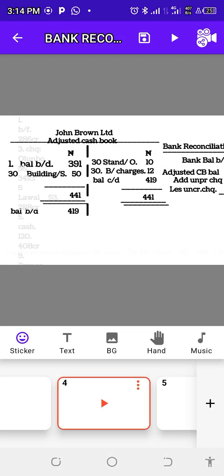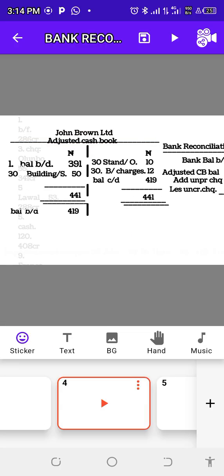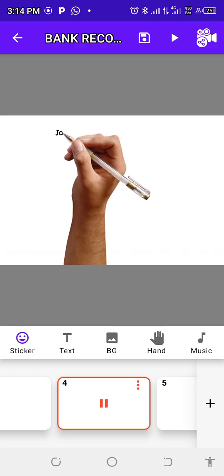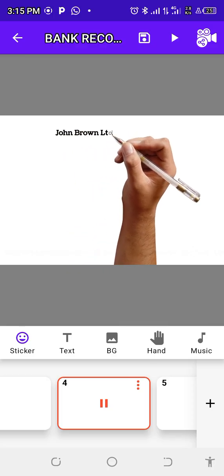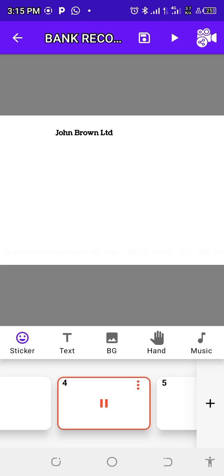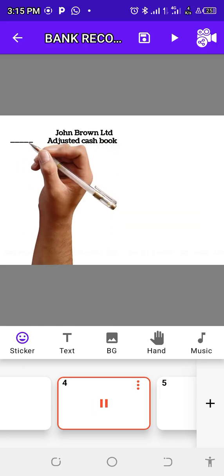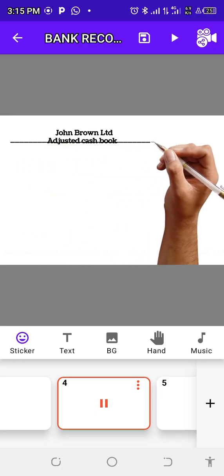Now, this is the reconciliation. The question is John Brown Limited, adjusted cash book.